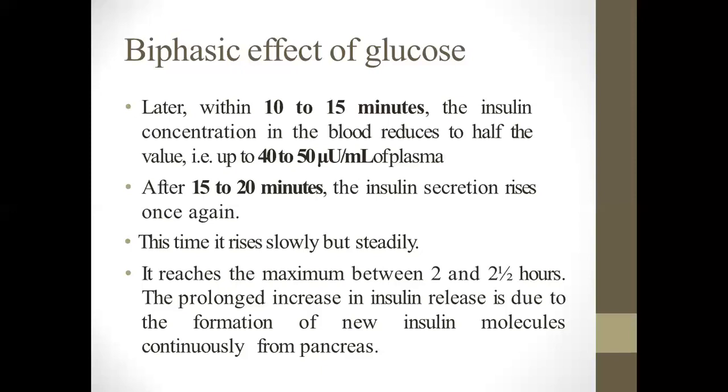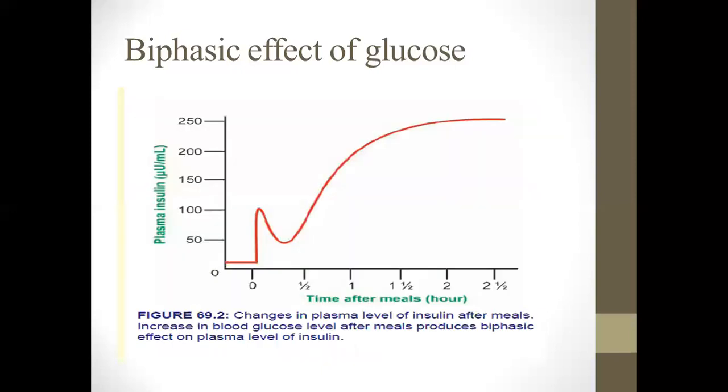From the secretion of the insulin, it takes 2.5 hours, and after 2.5 hours there will again be a peak in the secretion of the insulin. So these two peaks which appear at different times, first after the meal and second after 2.5 hours, are known as the biphasic effect of the insulin.